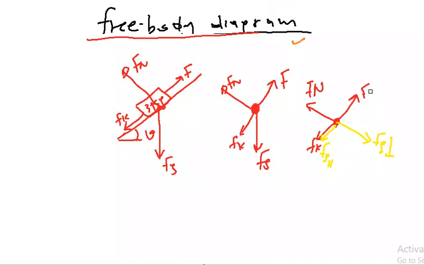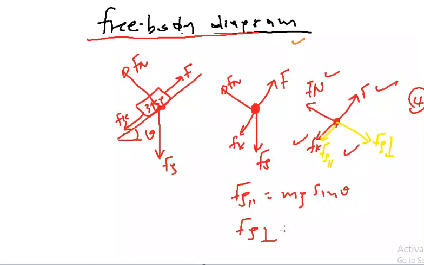So we have the mark for the force applied, the mark for the components together, Fk and normal, then you get your 4 marks. That is the free body diagram. Then you are done. So Fg parallel is equal to mg sin theta, then Fg perpendicular is equal to mg cos theta. Okay, that is the free body diagram.